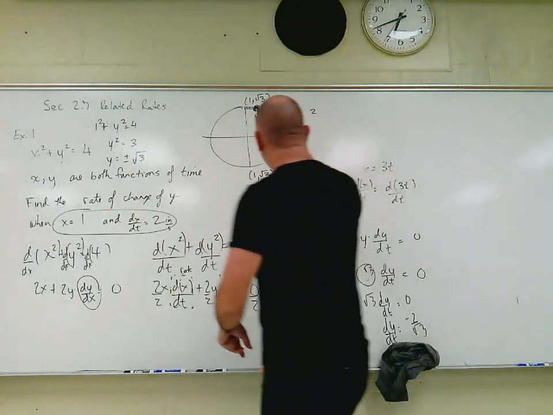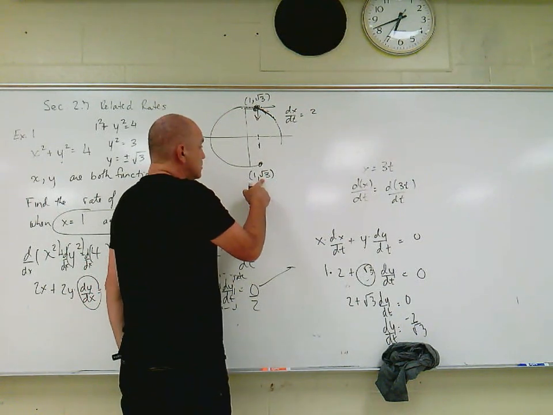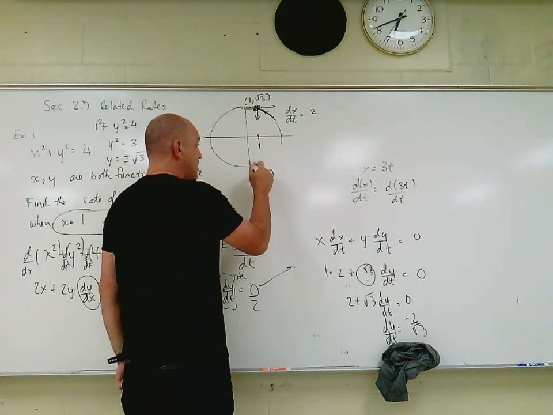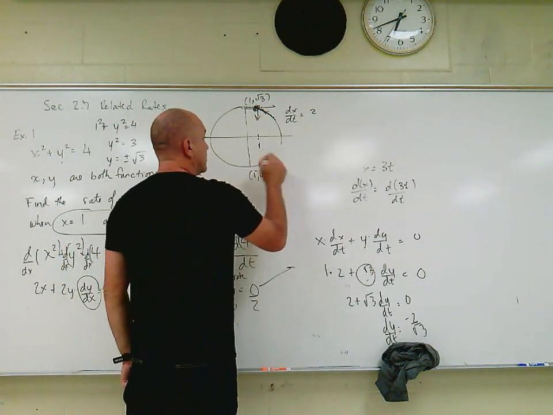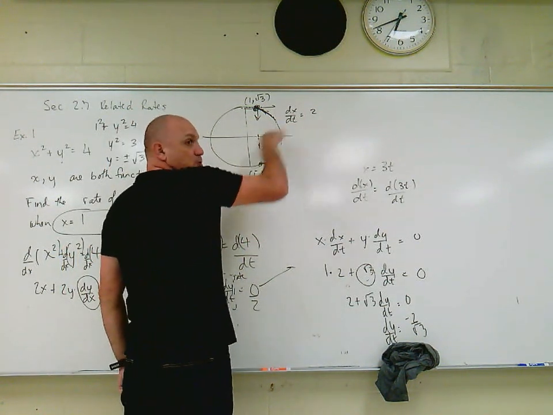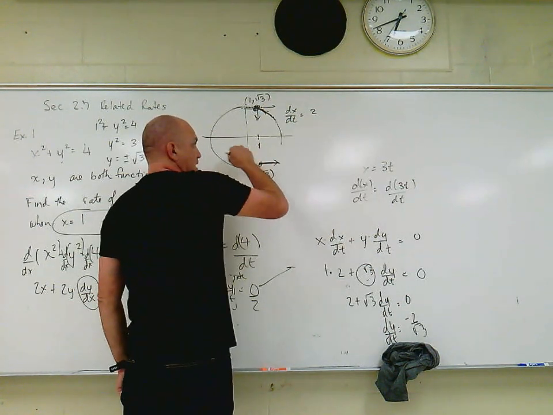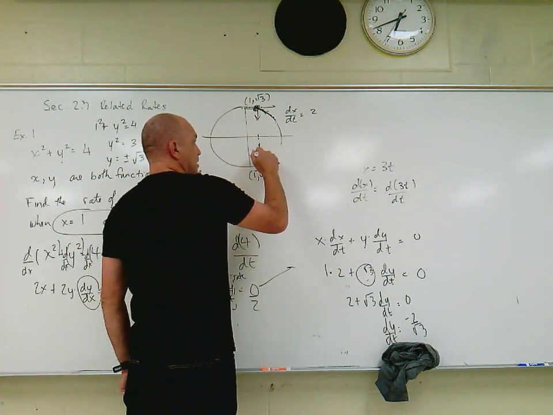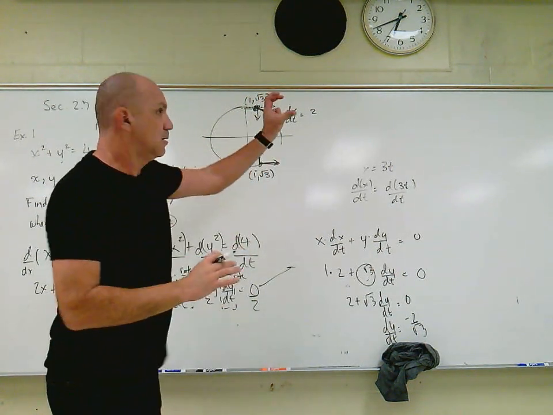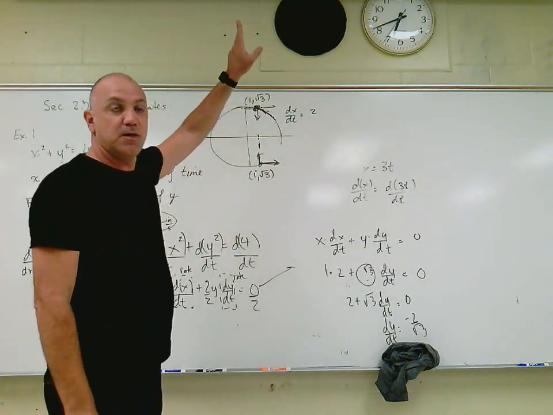If I was down here though, this isn't 1, square root of 3, this is 1, what? Not square root of 3, negative square root of 3. And if I'm over here and my point is moving this way along the circle, as the point's moving around the circle, it's got a horizontal speed and a vertical speed, as you're tracking it, going in the horizontal direction and the vertical direction at a certain speed.